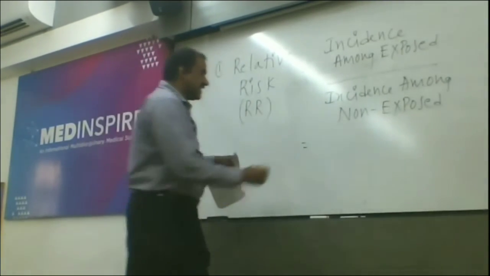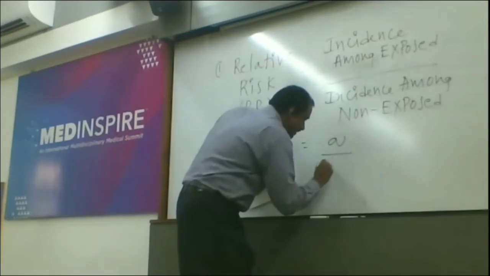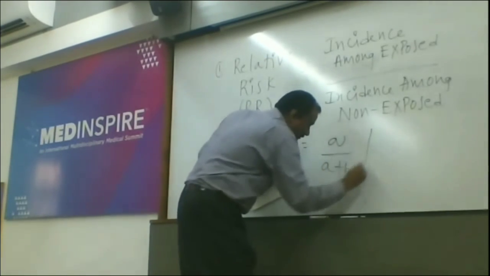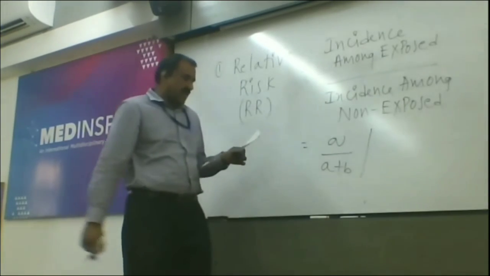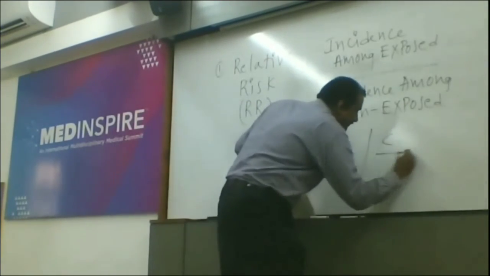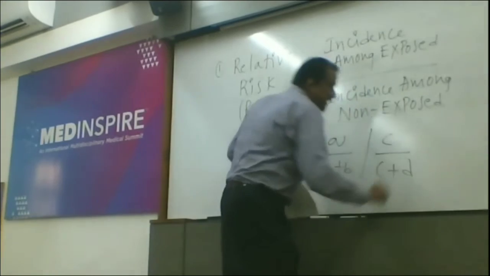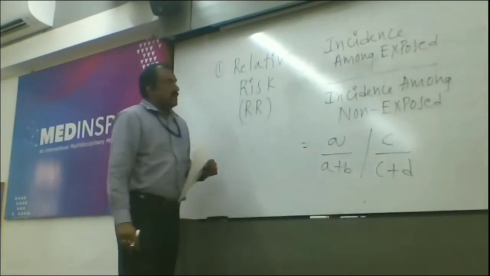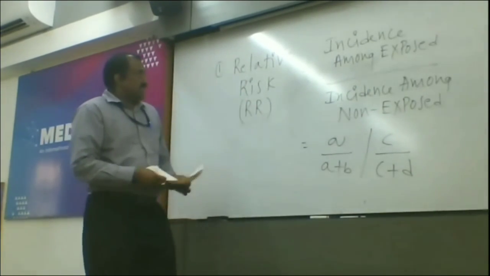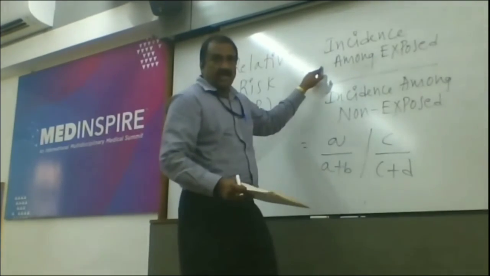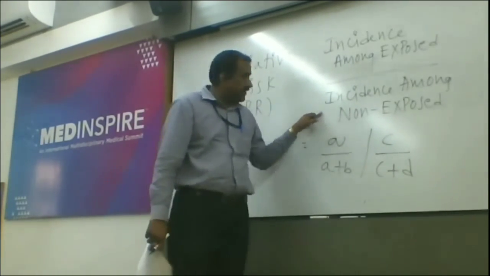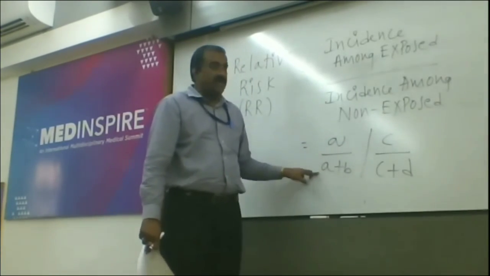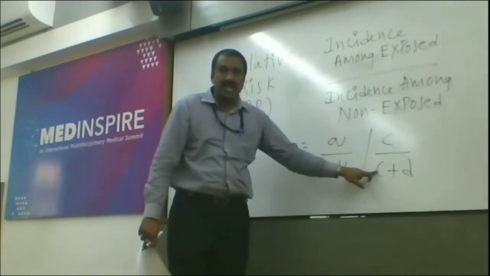It is given as A divided by A plus B, upon C divided by C plus D. So this is the incidence rate: incidence among exposed divided by incidence among non-exposed. That is A upon A plus B divided by C upon C plus D.